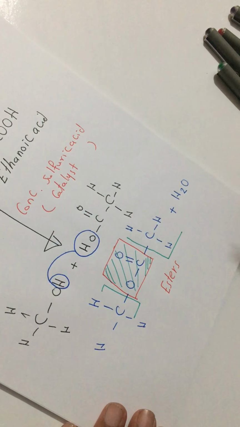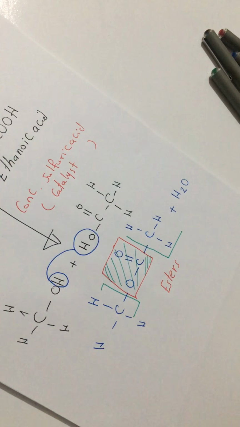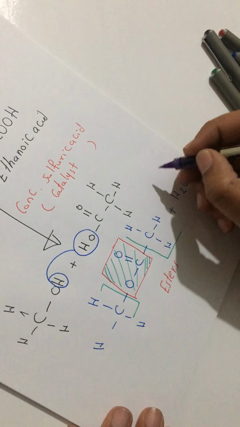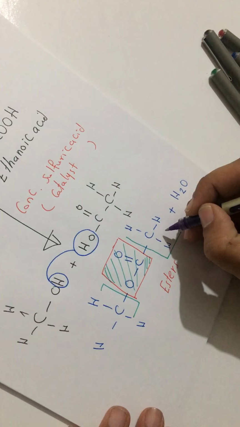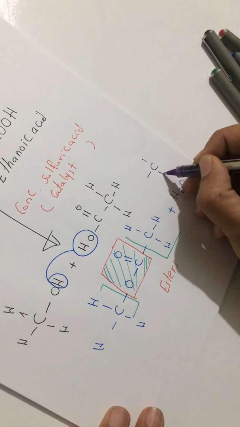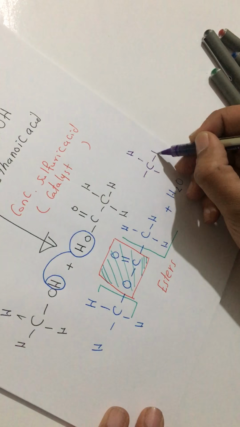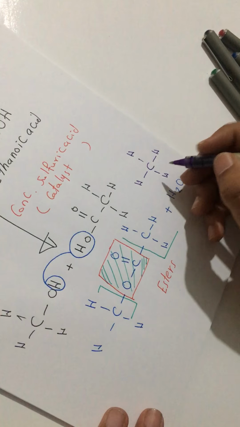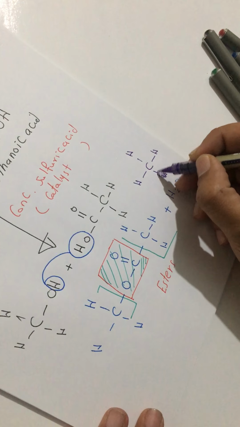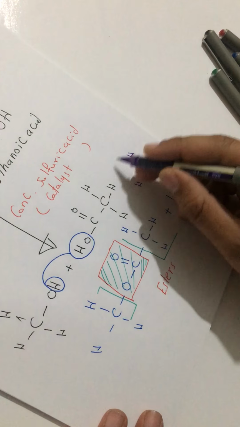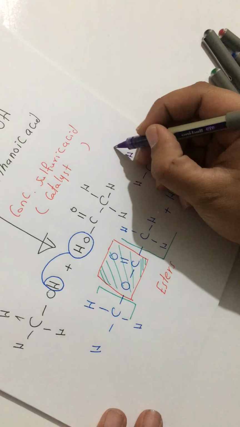So this is a methane compound but minus a hydrogen atom. For methane, we have the methane gas. It's one carbon joined to 4 hydrogens. If I remove this hydrogen, the rest of this compound is called a methyl group.